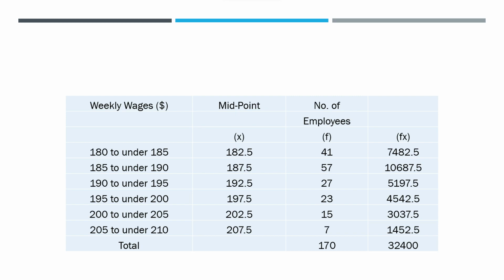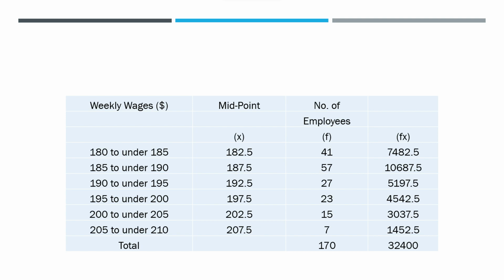Similarly, when you multiply 187.50, the second midpoint, with its corresponding frequency of 57, we get a value of 10,687.50. The same rules apply to subsequent midpoints and corresponding frequencies.